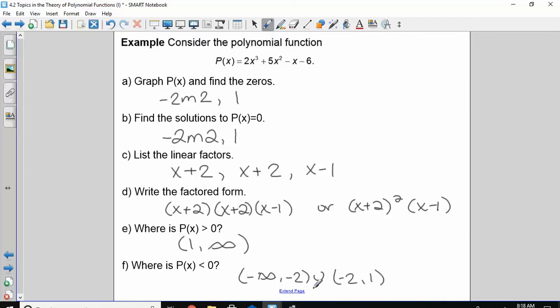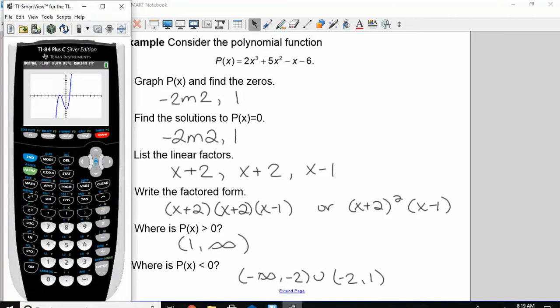Again, the only reason I had to break at -2 is because there it equaled 0. It was on the x-axis, and I didn't have an equal to on this thing. Any questions on that?